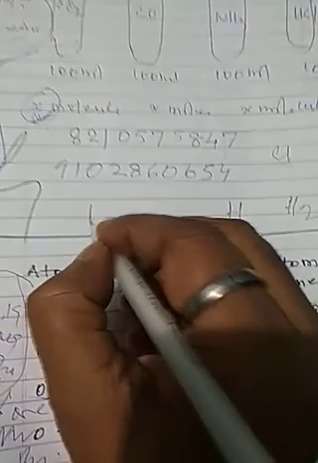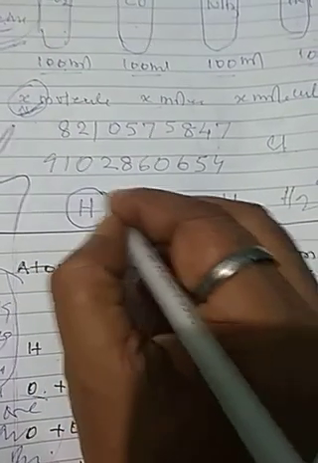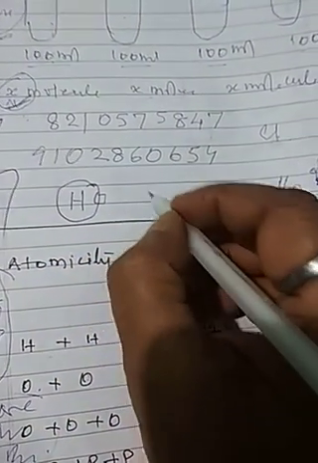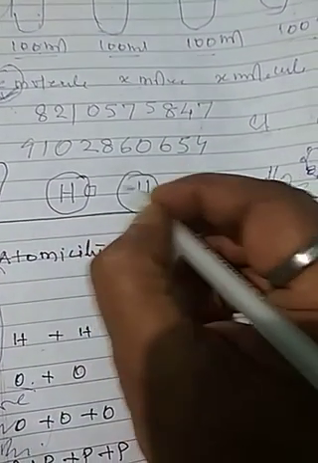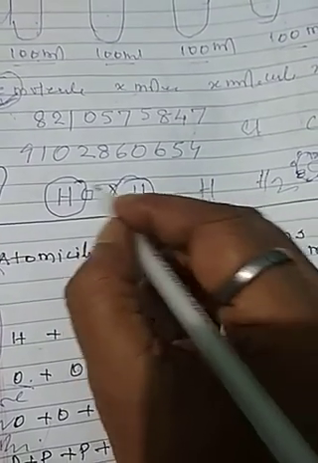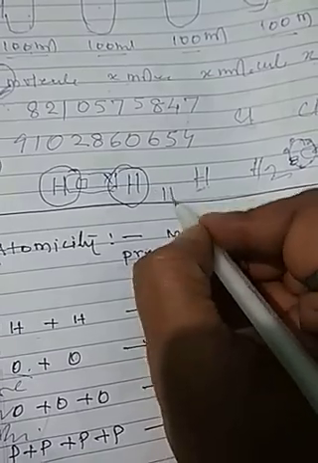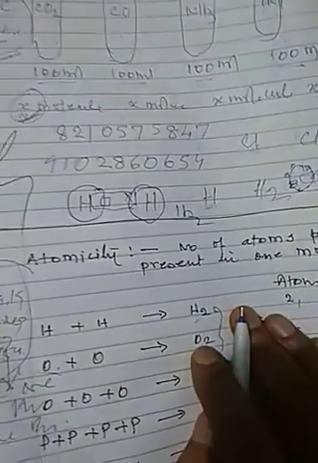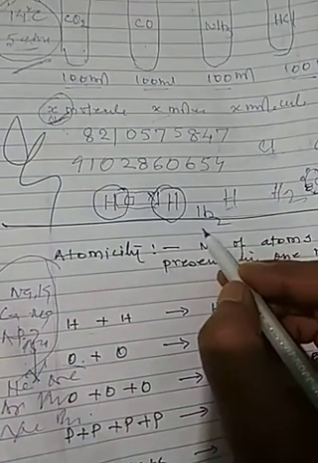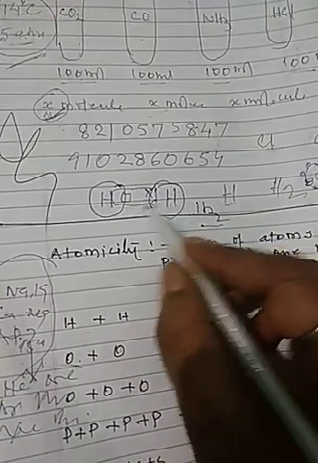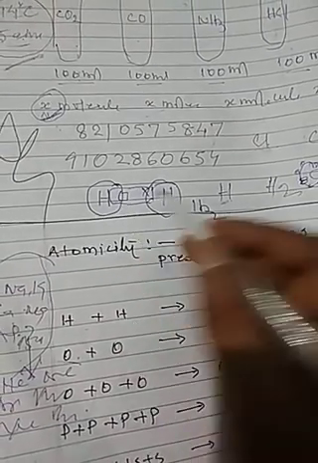Similarly, a hydrogen atom has 1 electron and this hydrogen has 1 electron. When they share 1 electron each, they form 1 molecule of hydrogen. So in 1 molecule of hydrogen there are 2 electrons.